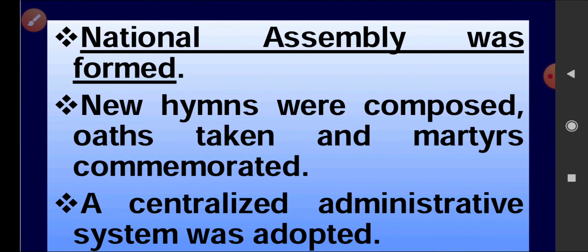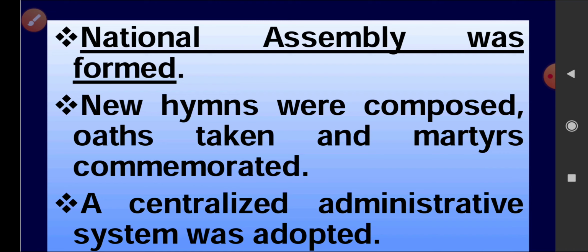Here we have the next slide, National Assembly, that was formed, as I told you, when the States General Assembly failed and commoners assembled in the tennis court under Mirabeau and Abbe Sieyes, they decided to form the National Assembly.